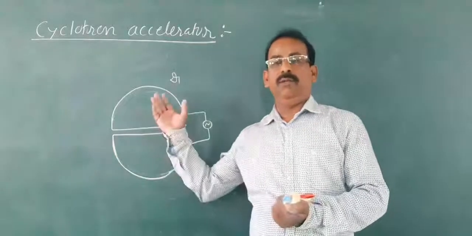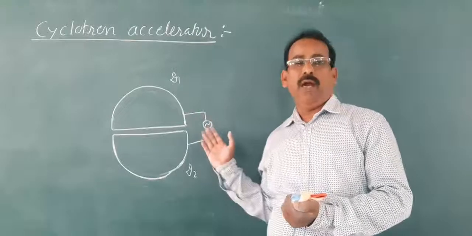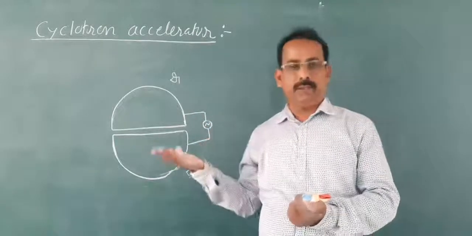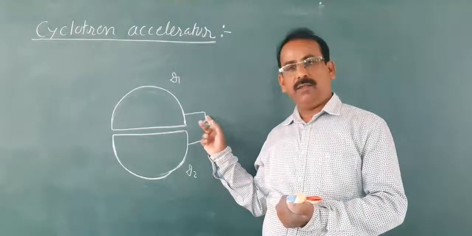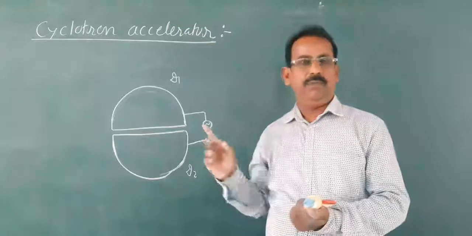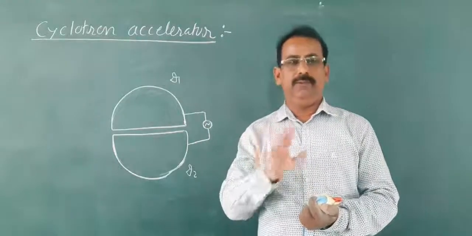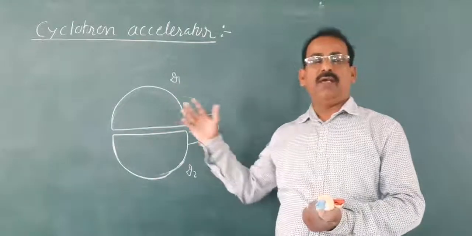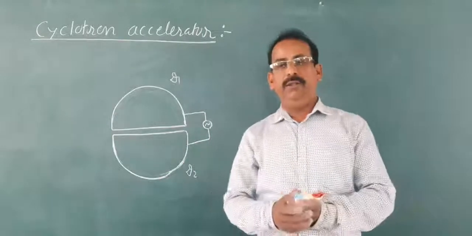For certain time interval, this end becomes plus and this end becomes minus. For next time interval, this end becomes minus and this end becomes plus. Such a source is AC source, alternating source.